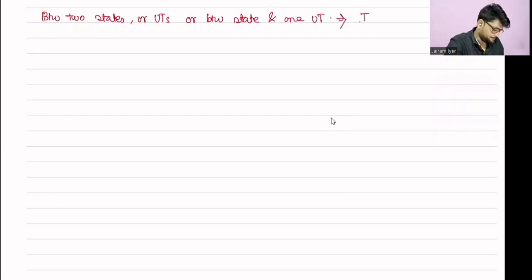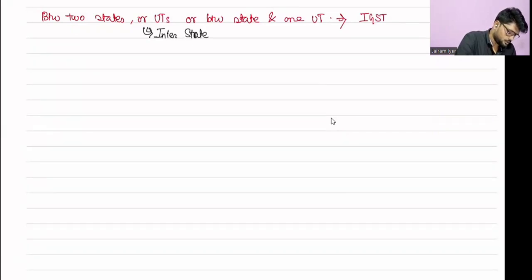You know what is the term that is being used to call it? We call it interstate sales or transactions, whatever you feel like. Why interstate? Inter means when something is between two things.